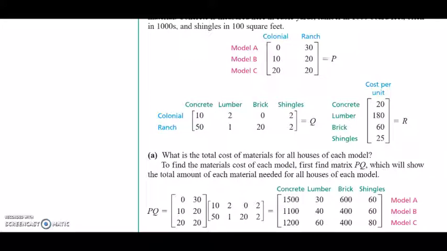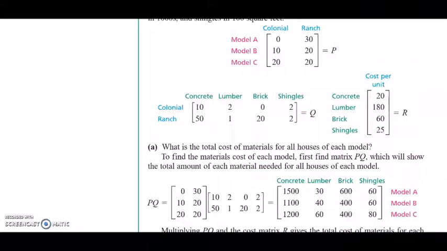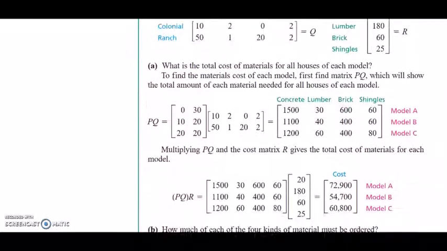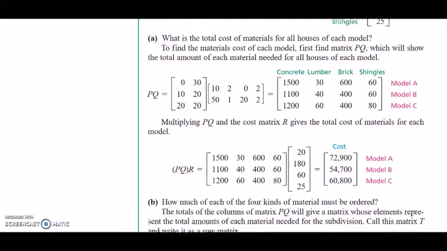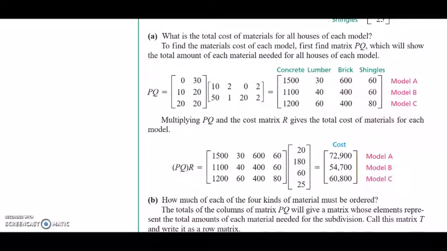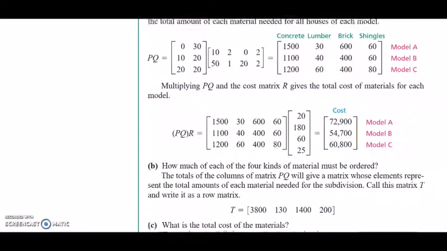Yeah, you could figure that out individually, and that would take a while. It's actually faster to use the matrices. So to find the materials cost of each model, we find P times Q, which will show the total amount of each material needed, and then take that by R. So then that shows us the cost for building this planned subdivision for each of the 3 models.